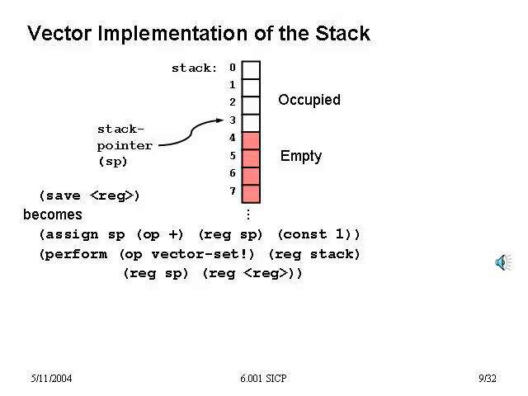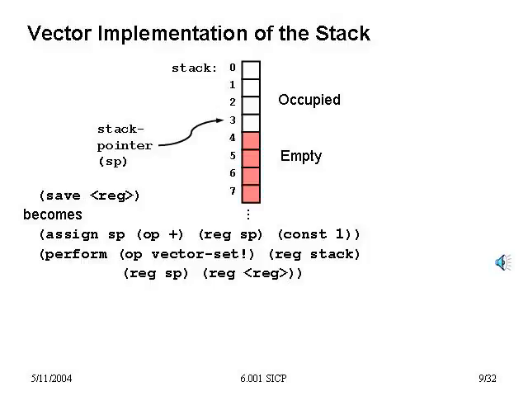Saving a register onto the stack now becomes quite simple. We first have a special register called the stack pointer, or SP register. It contains a number that points to the top of the stack, or the number of offsets, if you like, from the beginning of the stack into that vector. We take that stack pointer contents, add the constant 1 to it, increasing it by 1, and put that new value back into the stack pointer register. That has basically moved the stack down by 1, taking up the next available element in this vector.